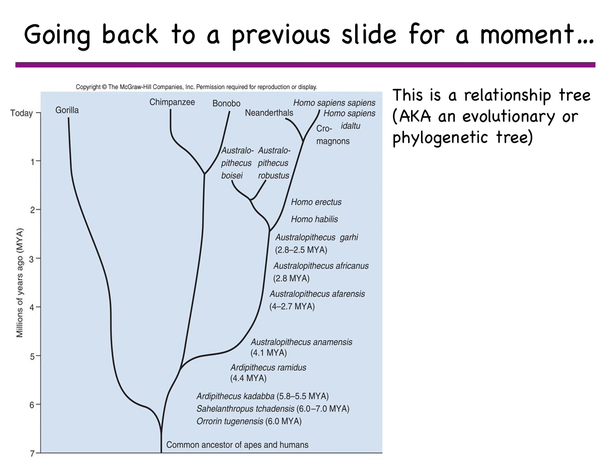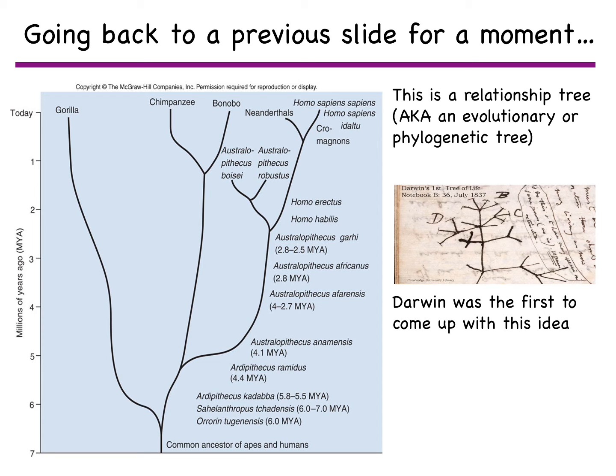So it turns out Charles Darwin was the first to come up with this idea. This is actually a drawing from his notebook where he basically was drawing the tree that tried to describe how the different finch species could have derived from one another, how they might have had a common ancestor. So he was the first one to come up with this basic idea.